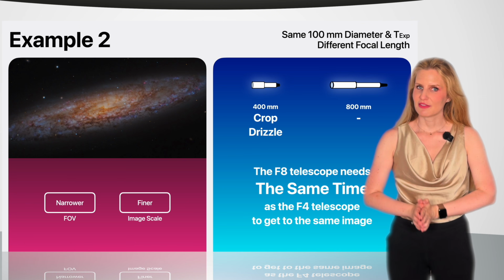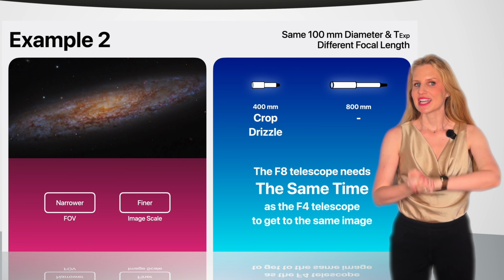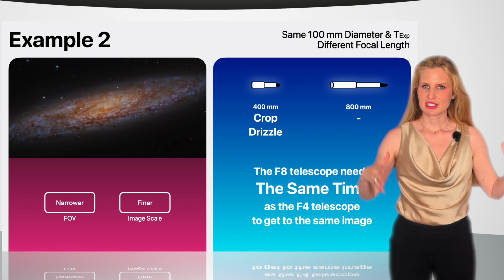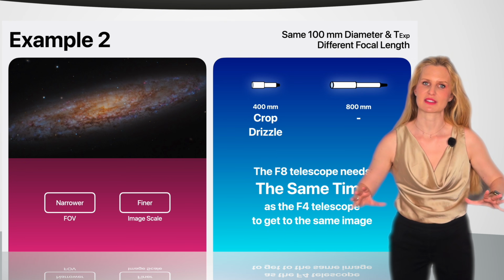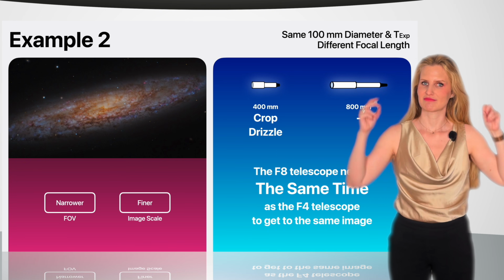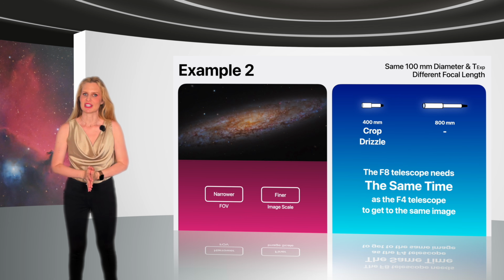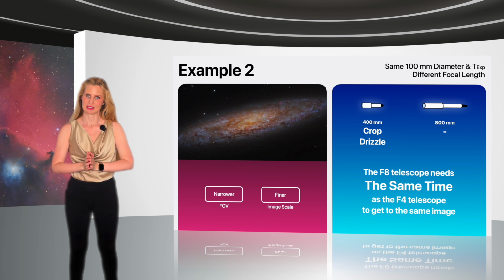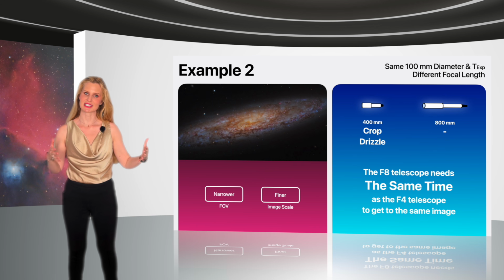But to recover the missing resolution, we also need to apply drizzling. And as we saw earlier, drizzling distributes the same number of photons over more pixels, which means the image gets darker. So in the end, there is no time advantage to using the faster telescope in this case. To match both resolution and framing, it takes just as long.